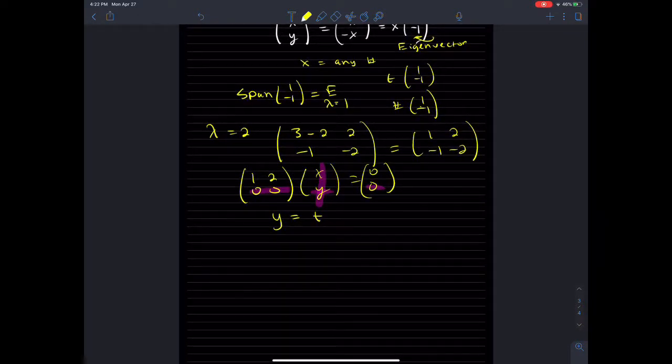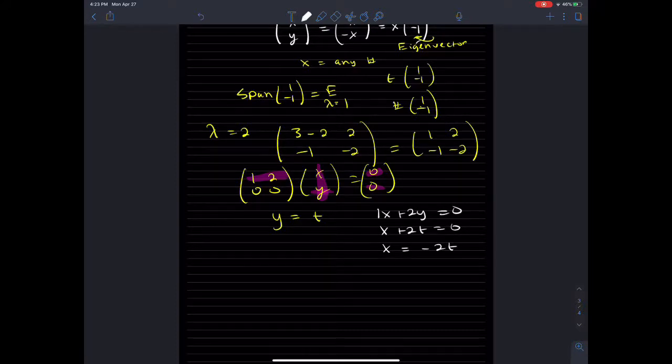So if I set y equal to t, then my top equation is 1x plus 2y equals 0. And so I have something to plug in for y now, right? You want x in terms of t and y in terms of t. So x plus 2t equals 0. Solving for x in terms of t, it's minus 2t.